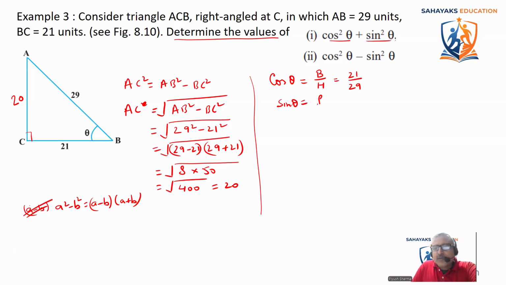Sine theta is equal to perpendicular divided by hypotenuse, so that comes out to be 20 divided by 29. Now we have to find the value of cos squared theta plus sine squared theta. So cos squared theta is 21 by 29 whole square, plus 20 by 29 whole square.